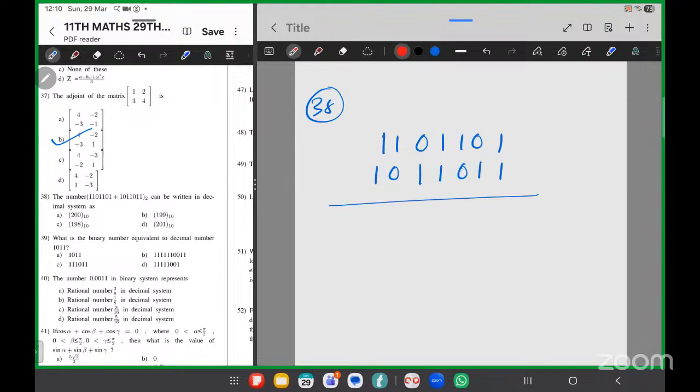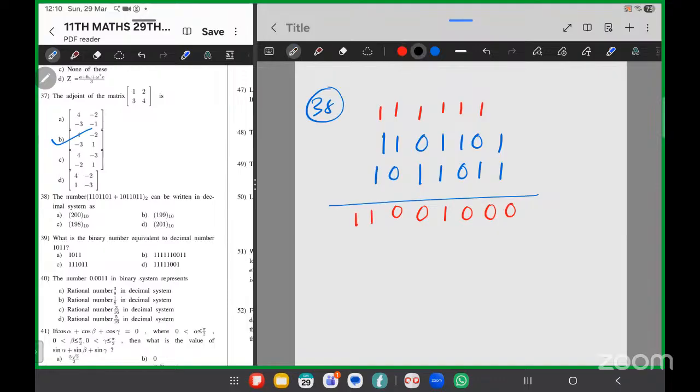If you add these two, 1 plus 1 0 carry 1, 1 plus 1 0 carry 1, 1 plus 1 0 carry 1, 1 plus 1 plus 1 1 carry 1, 1 plus 1 0 carry 1, 1 plus 1 0 carry 1. It will become 1 1.